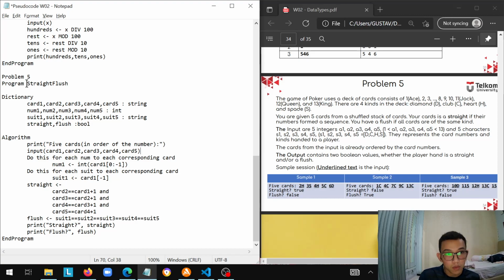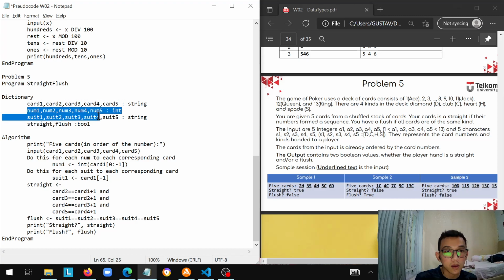Okay, the program's dictionary is kind of a lot, because the input is 5 different cards, so it's going to be 5 different card variables. That's for the initial variables that we're going to input.